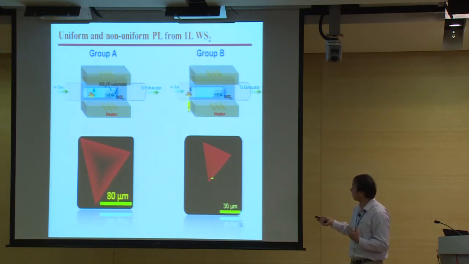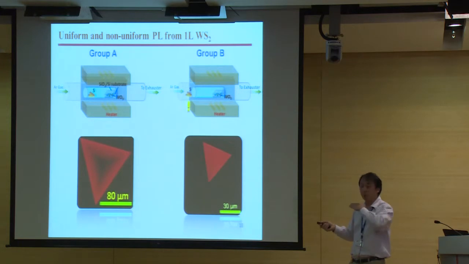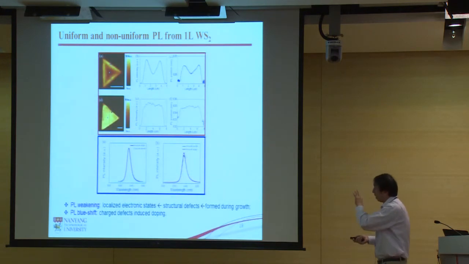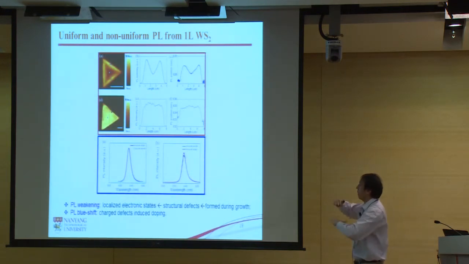And if you really look at it carefully, in fact, there's still some dark lines there, but overall it's quite uniform. And meanwhile, the intensity of light emitting from this, we call it higher quality samples, is much, much stronger than this. So we compare, we put them in parallel.